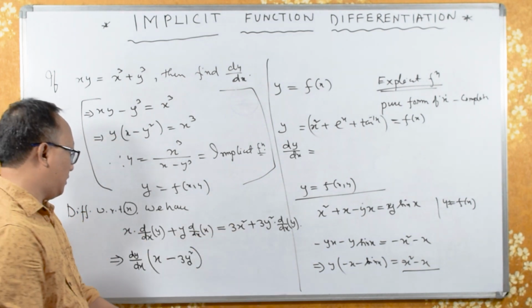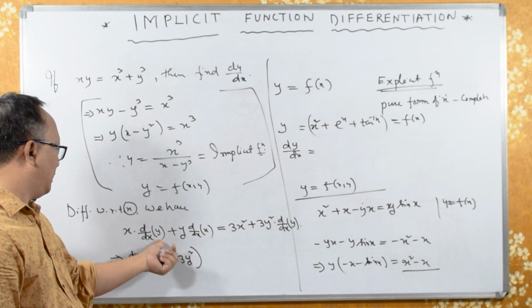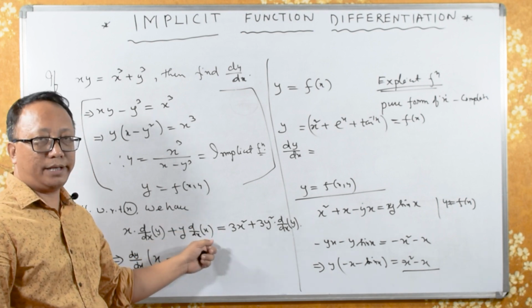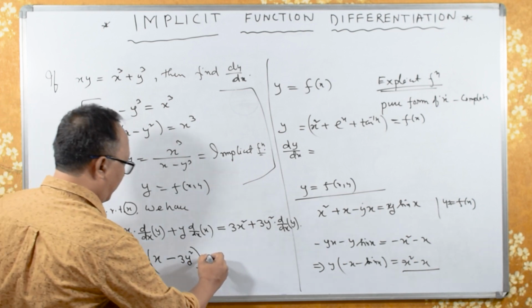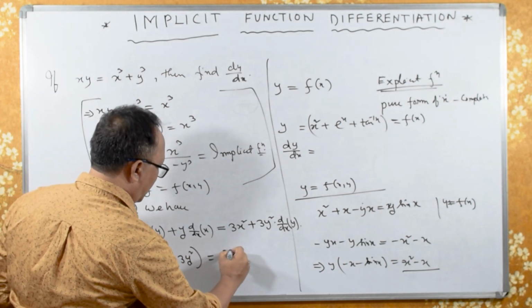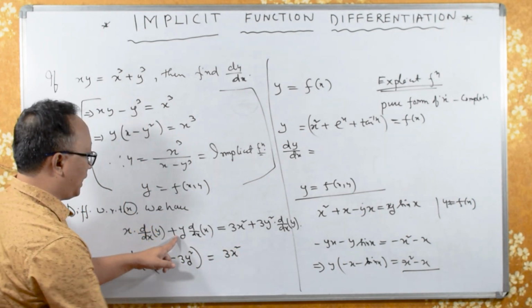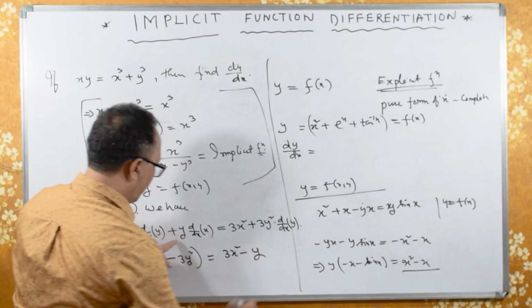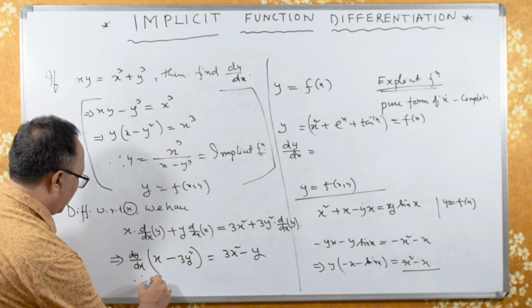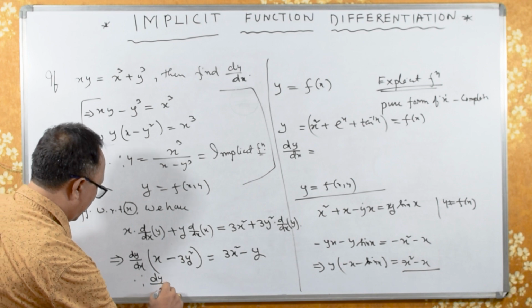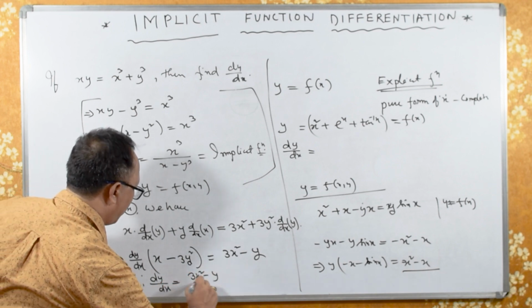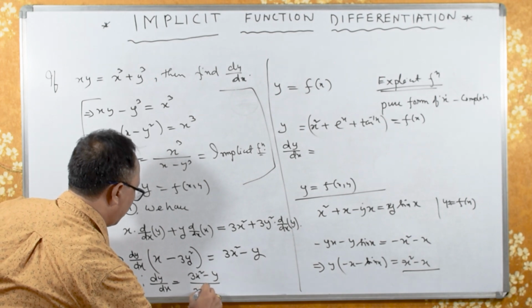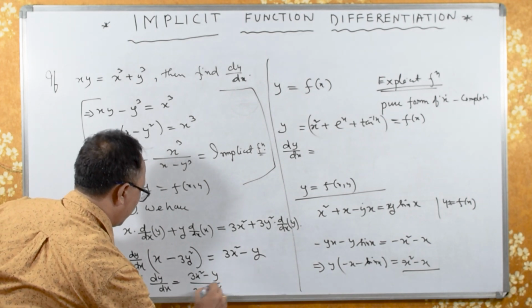On the other side, we have d by dx of x, which is what? dx by dx is 1. Here we have equals to 3x square minus y. Therefore dy by dx is 3x square minus y upon x minus 3y square.